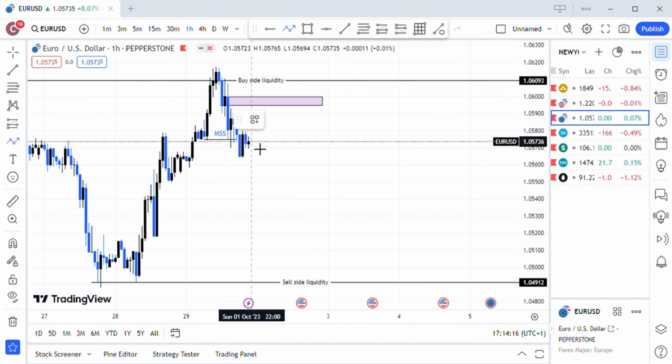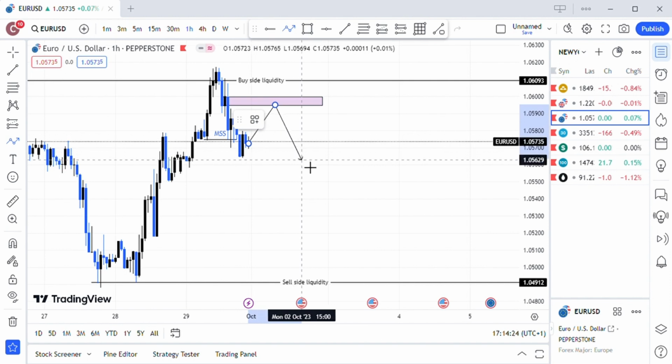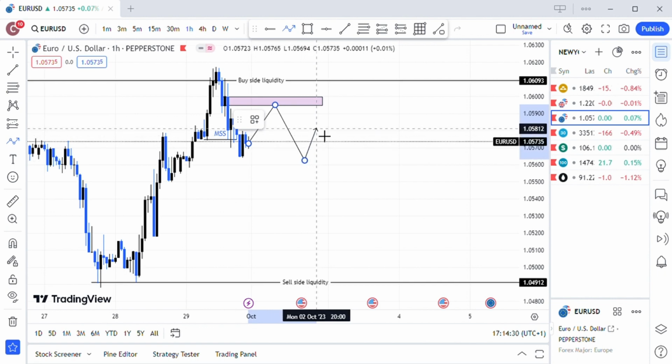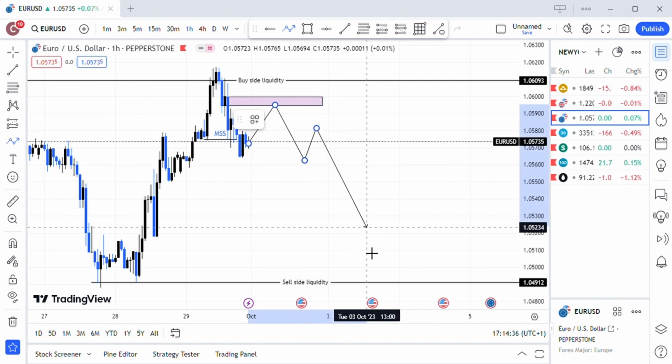We're expecting price to move up to here, then come down here, then this zone, let me map it out. Okay, let me finish drawing, then back to our sell side liquidity.